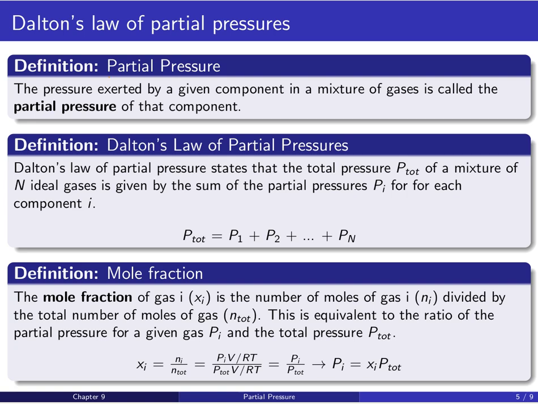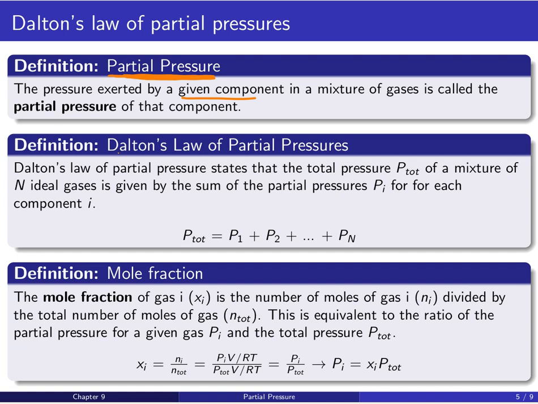So let's put out some formal definitions here. The first one, partial pressure. Partial pressure is simply the pressure exerted by a given component in a mixture of gases. Okay, so each individual component is going to have its own partial pressure that will be a contribution to the total pressure of the system.